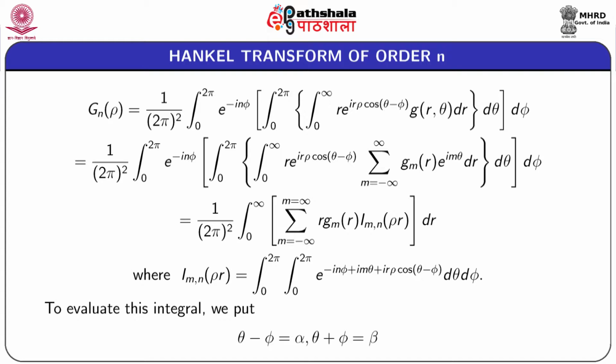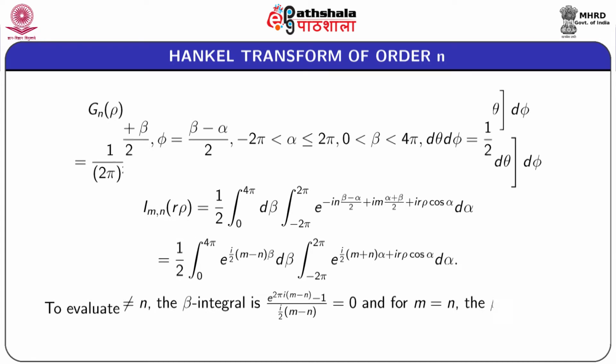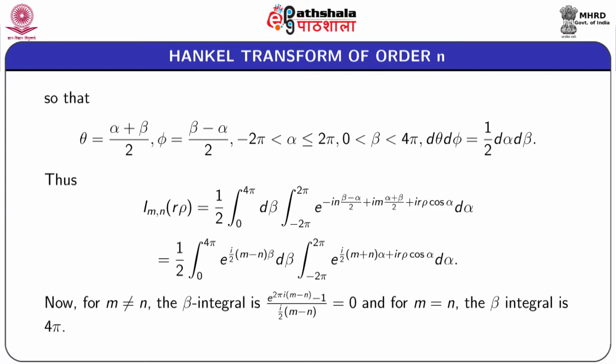To evaluate this integral, we substitute alpha equal to theta minus phi and beta equal to theta plus phi, so that theta equals alpha plus beta by 2 and phi equals beta minus alpha by 2, where alpha lies in the interval minus 2 pi to plus 2 pi and beta lies in the interval 0 to 4 pi, and d theta d phi is half of d alpha d beta.